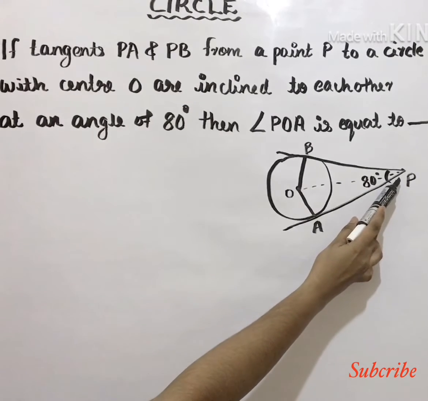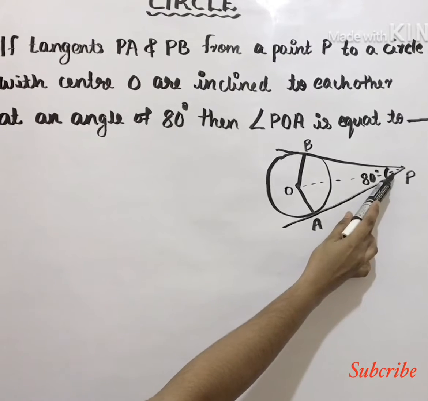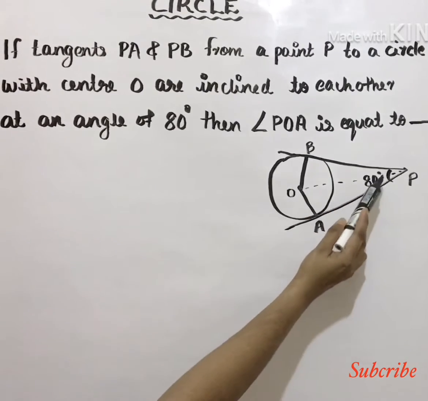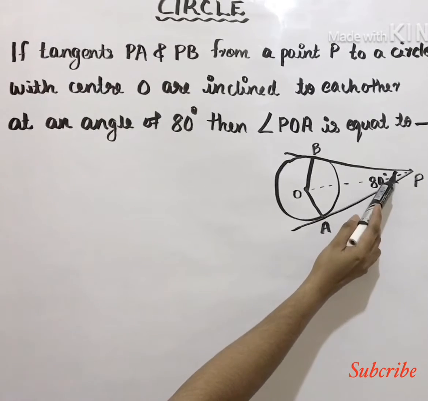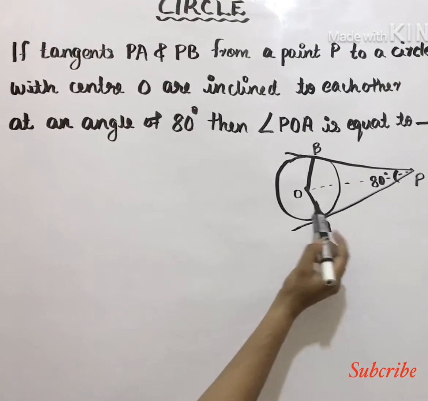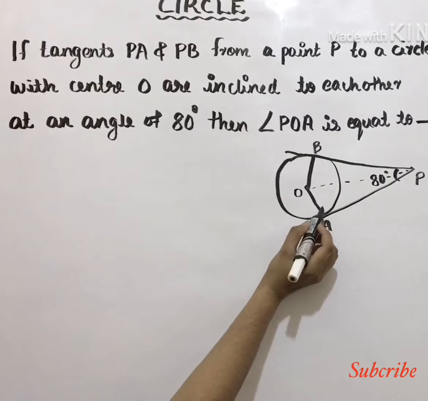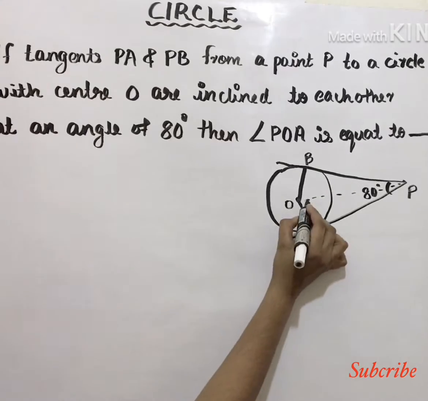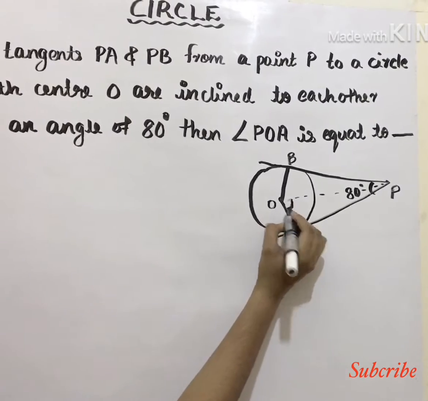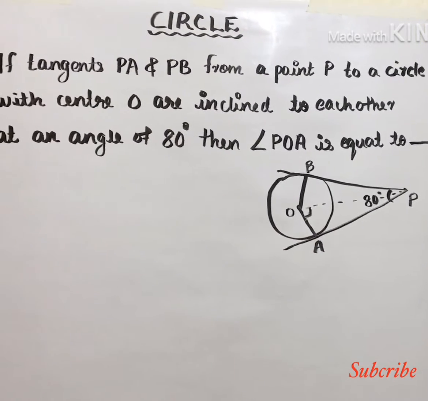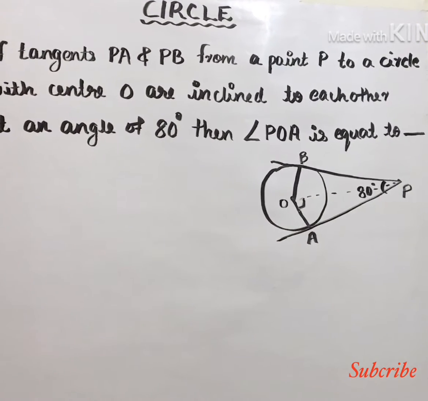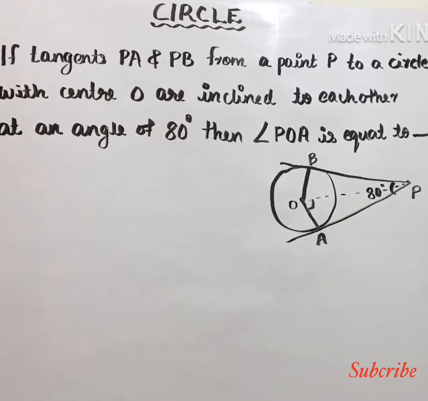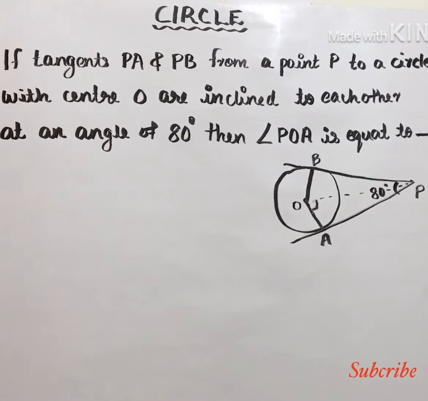From that point P, there are two tangents PA and PB, and these tangents are inclined at an angle of 80 degrees, and we have to find the value of this angle POA. So here we go. OB and OA are the radii to the tangents PB and PA respectively, right?